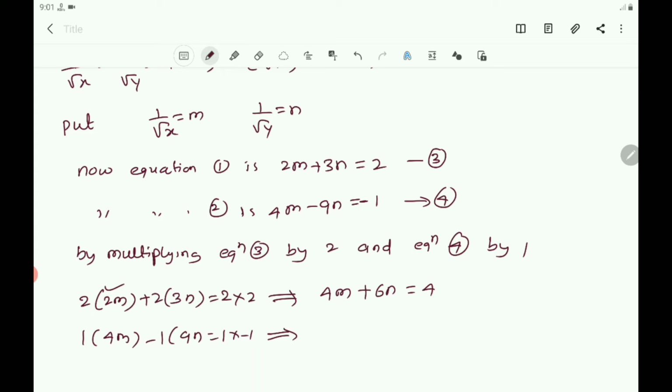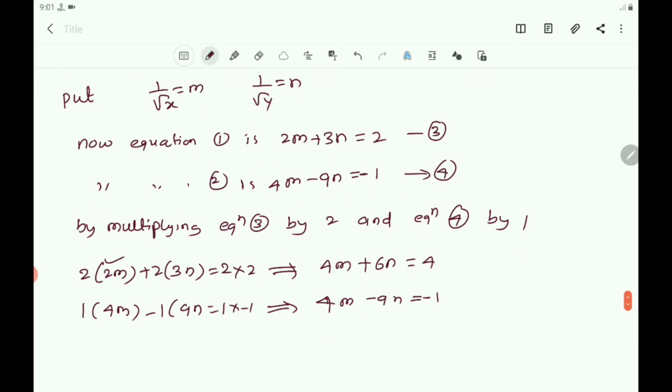And the fourth equation implies 4m minus 9n is equal to minus 1. So the same equations are converted into fifth and sixth here. This is fifth, this is sixth.